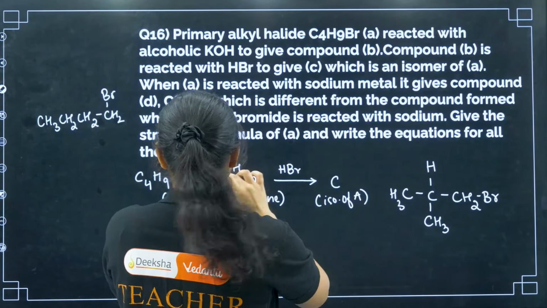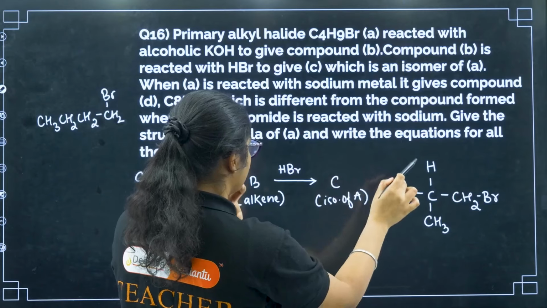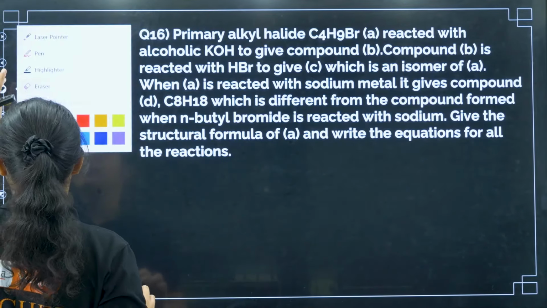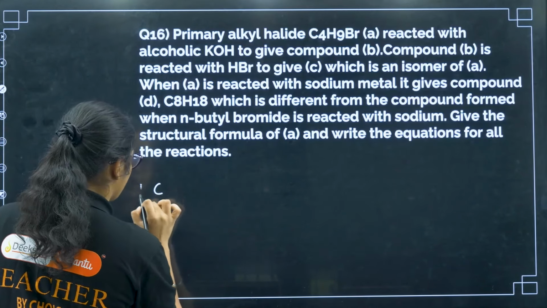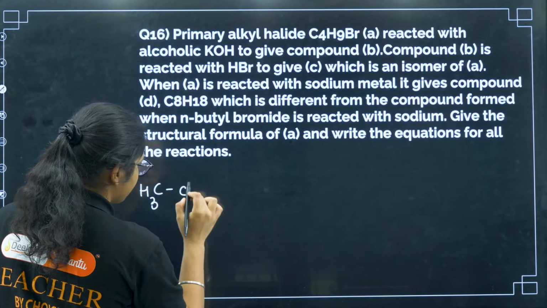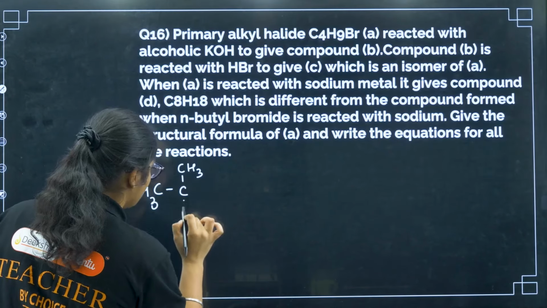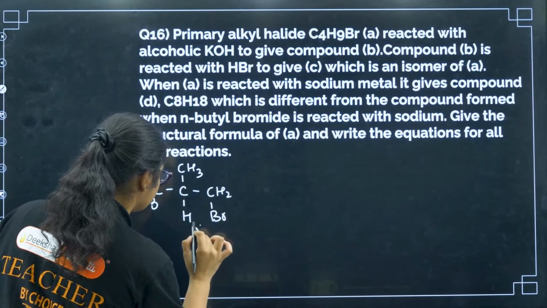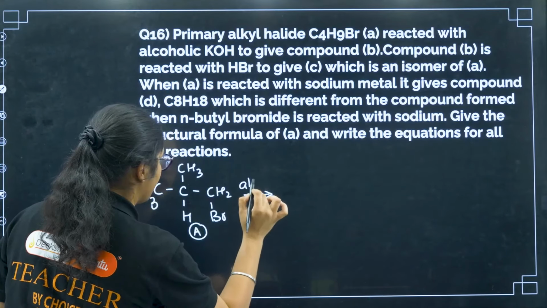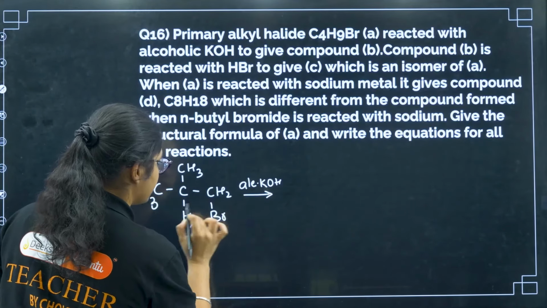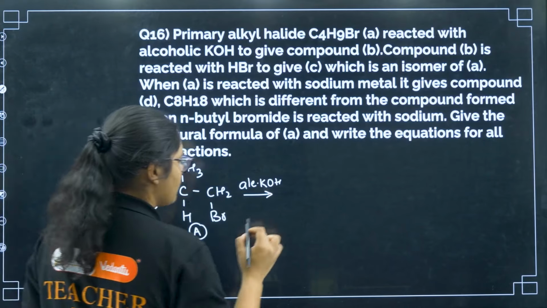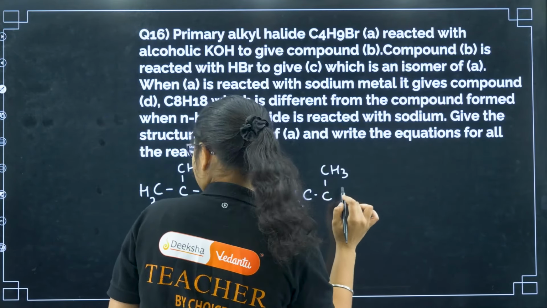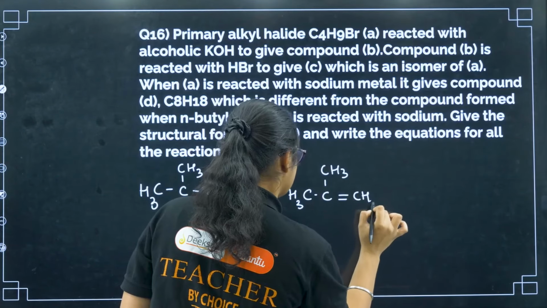So we have already found now our A. Okay, so A is this one. Then give the structural formula of A and write the equations for all the reactions. Okay, so I have got already A, so I will now write down the reactions. What is my A? I got CH3 CH CH3 CH2 Br. This is A. Now if I am treating it with alcoholic KOH, here HBr will be removed, a double bond will form, so I will get CH3 double bond CH2.